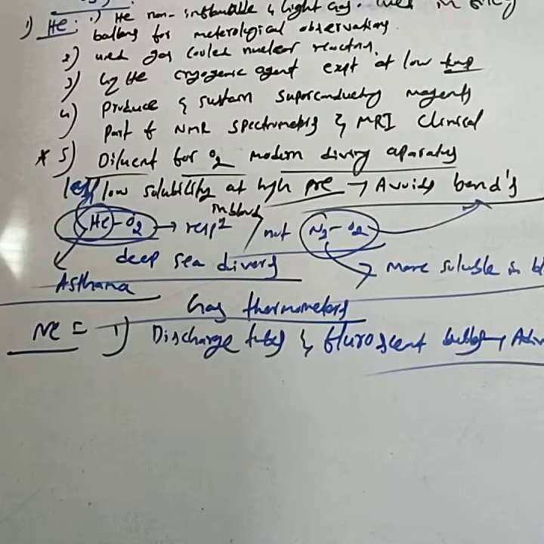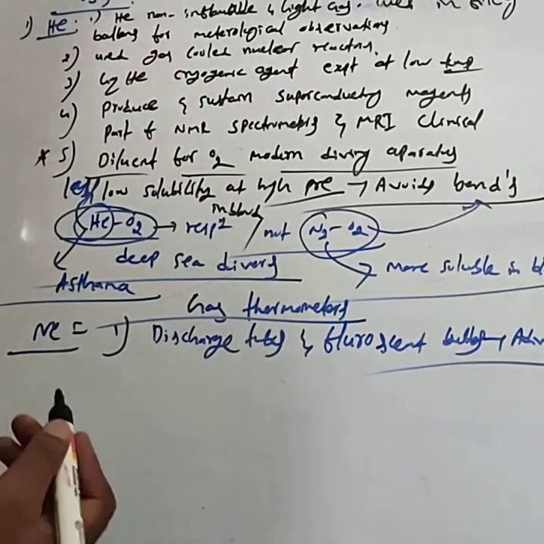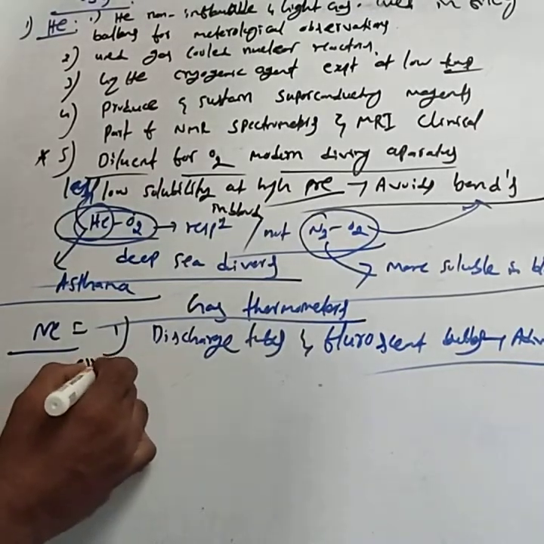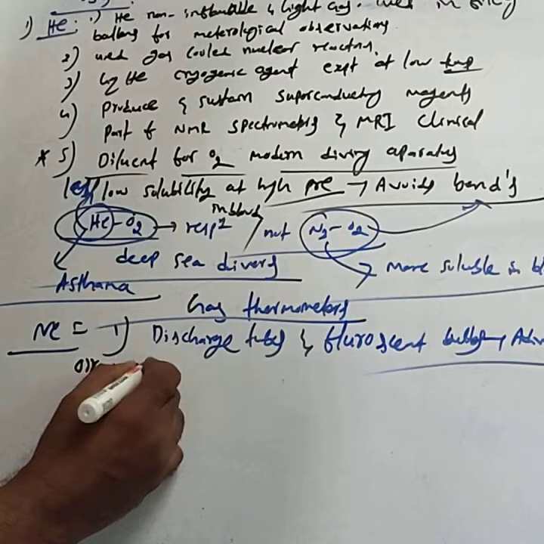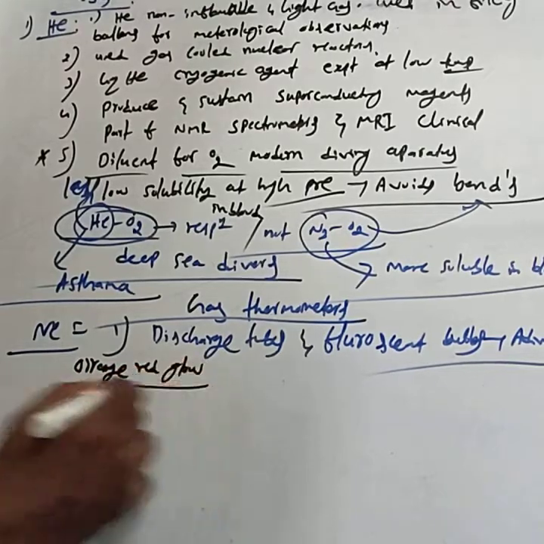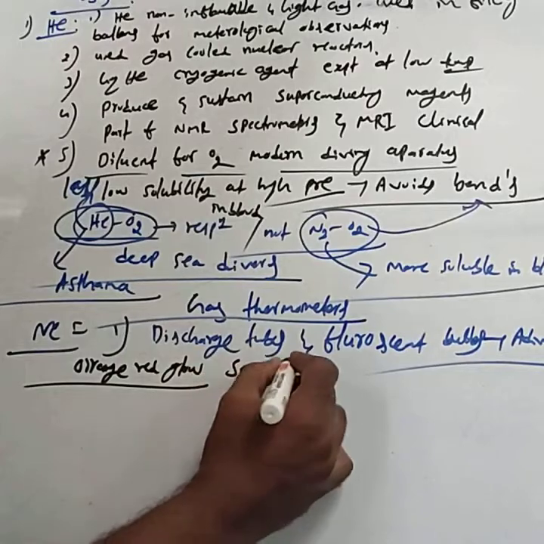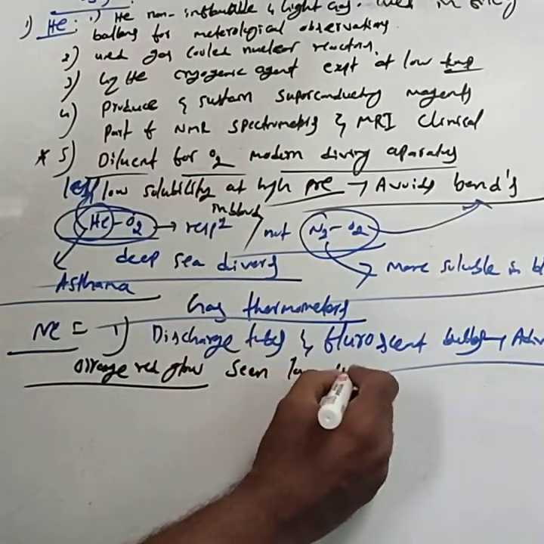Why is it used in fluorescent bulbs? Because neon emits an orange red glow, and this orange red glow can be seen from a long distance.